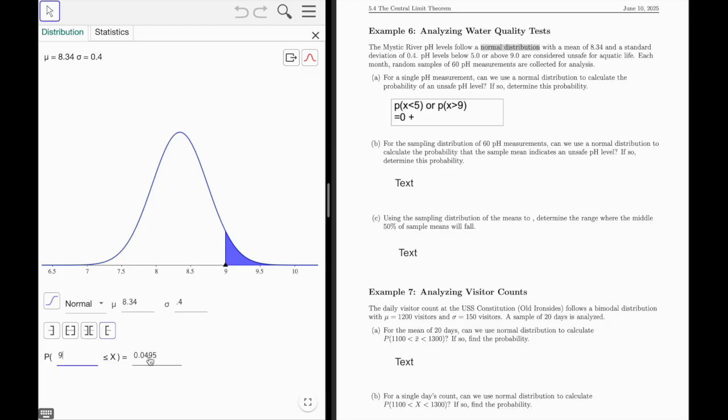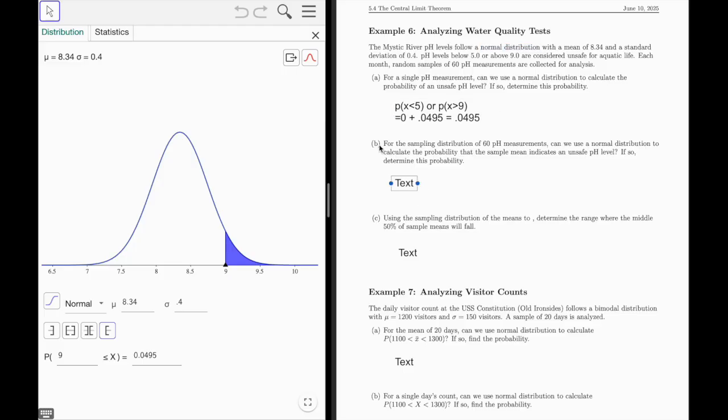That's all shaded in. And my probability is 0.0495. When I add that up, my final answer is 0.0495 for the probability of the water being at an unsafe level for pH.